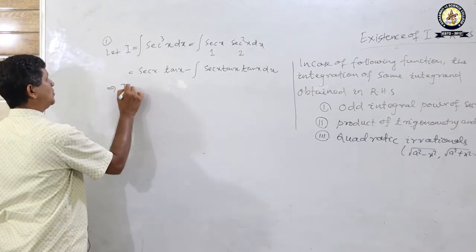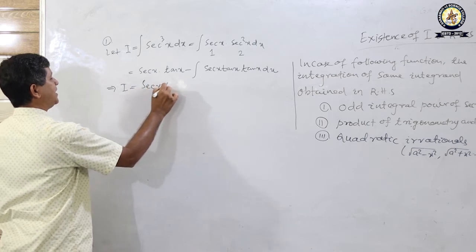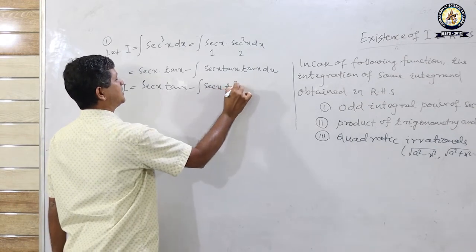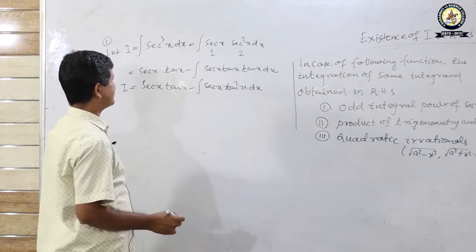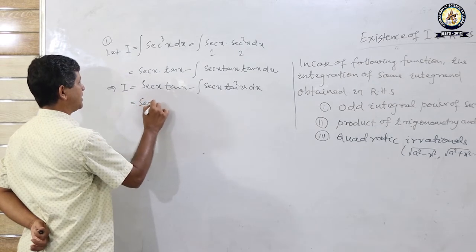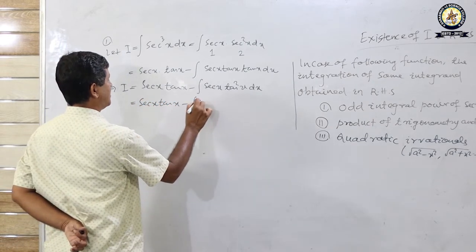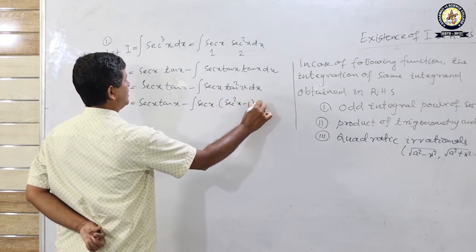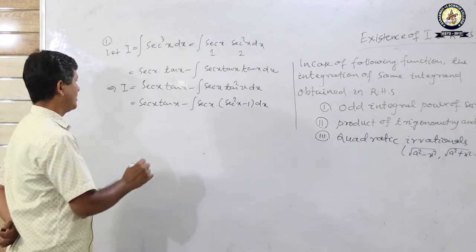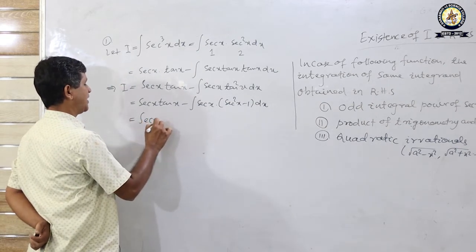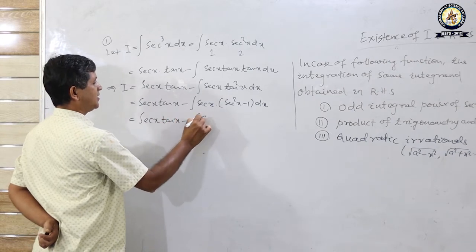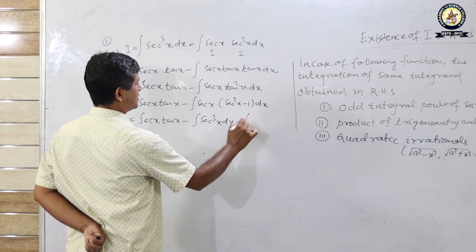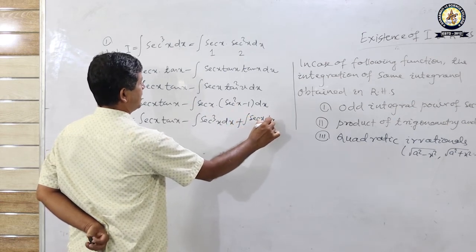So I equals sec x tan x minus the integration of sec x tan square x dx, that is equal to sec x tan x minus the integration of sec x into (sec square x minus 1) dx, that is equal to sec x tan x minus integration of sec cube x dx plus integration of sec x dx.